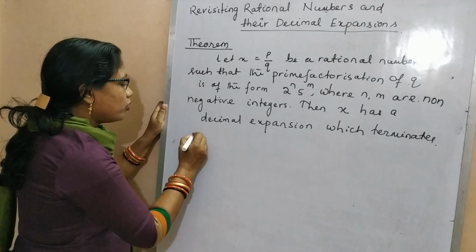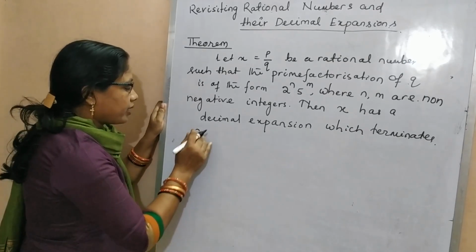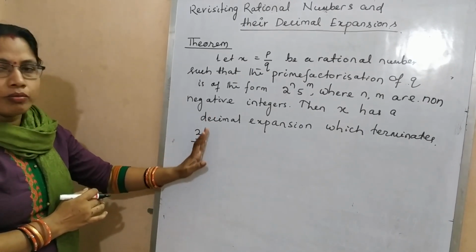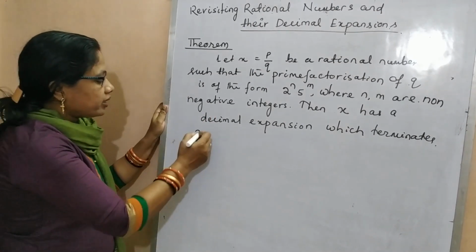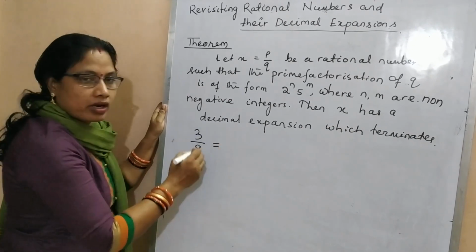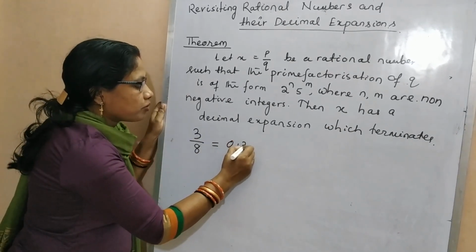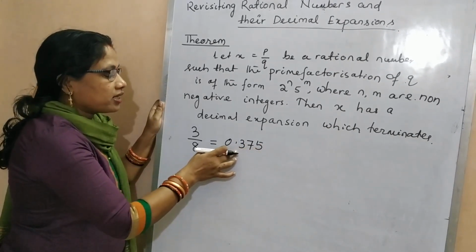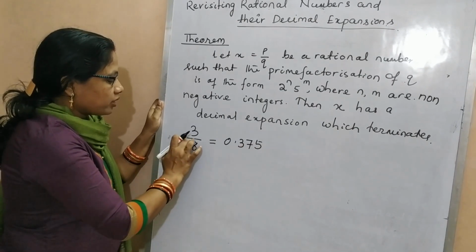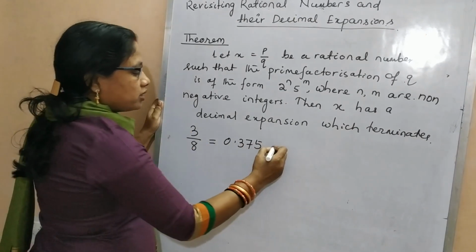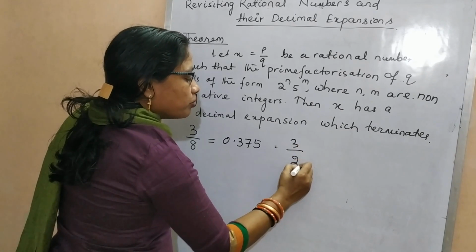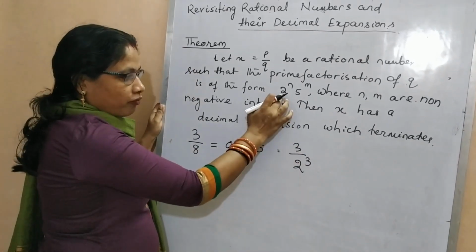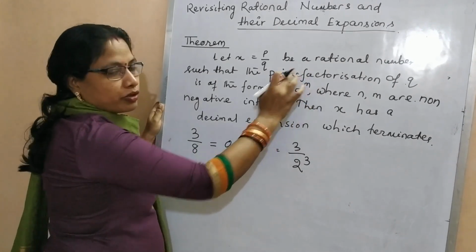So for example 3 by 8, we have taken a rational number in the form p by q, where p and q are co-prime. The decimal expansion of 3 by 8, we already know, is equal to 0.375. So it comes to be a terminating decimal number. Why? Because the denominator is 2 to the power 3. So the denominator should be in the form 2 to the power n, 5 to the power m.